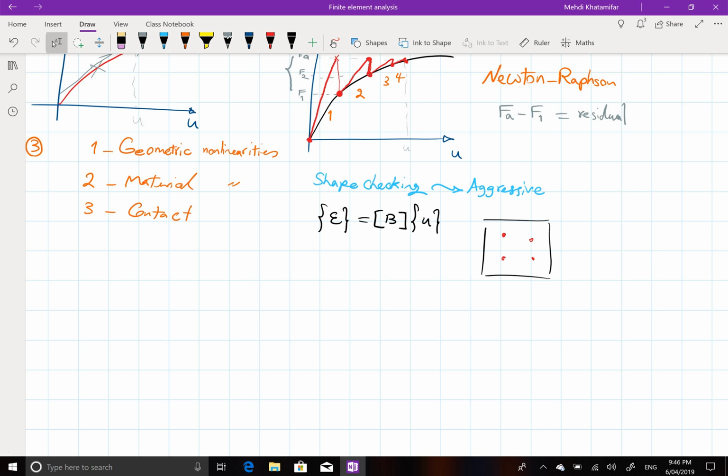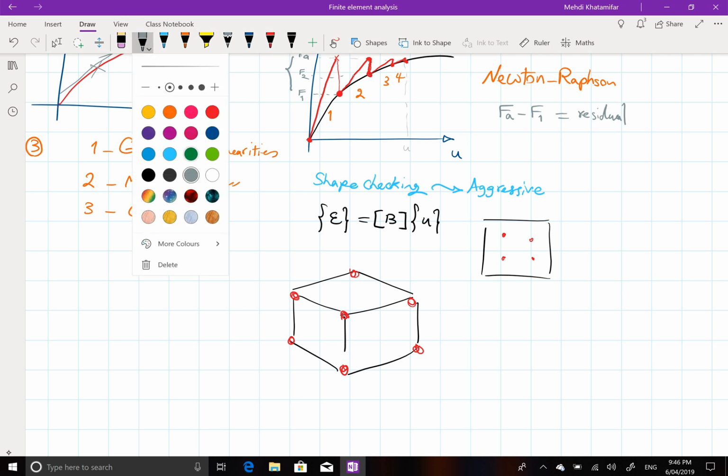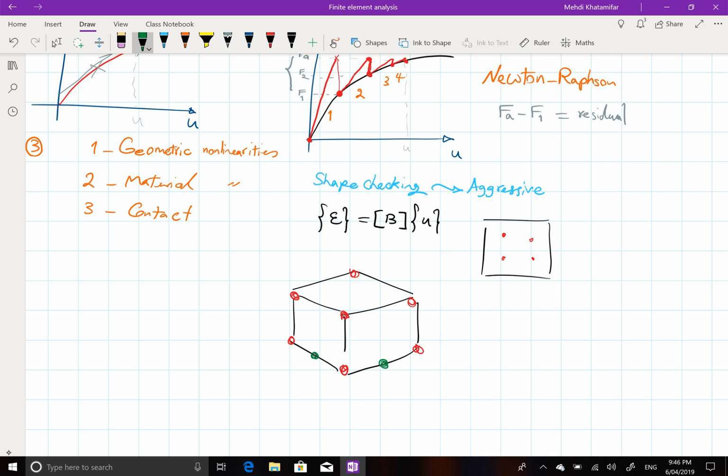So this is our 3D element, and these are our nodes, and we have some nodes, for example, here at the center.